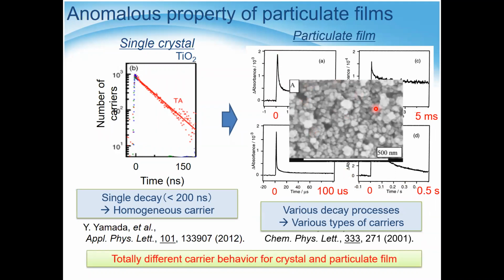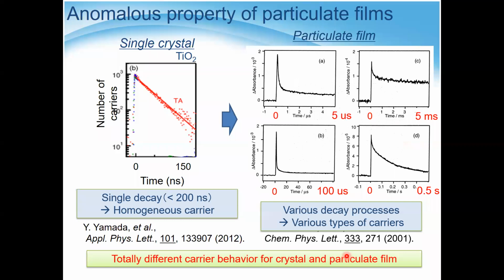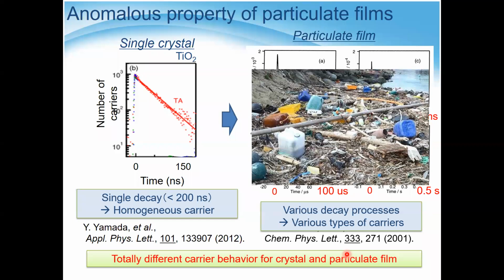So this is because of these kind of dirty films we are using, and the key is the charge carrier behavior is totally different between the crystal and the particulate film. So in a sense, there are many types of charge carriers, but you don't know which charge carriers are important. So in this kind of mess, you have to find out which type of charge carriers are really working for photocatalytic or target reactions, right?